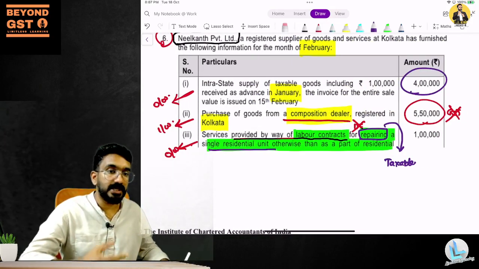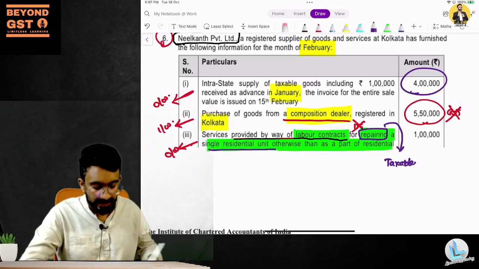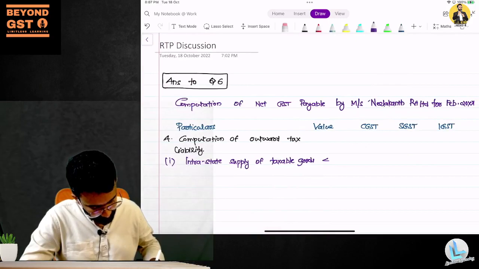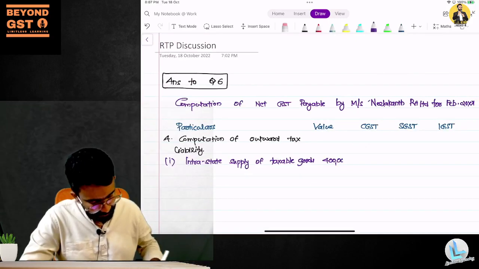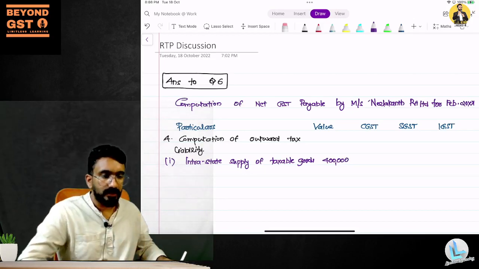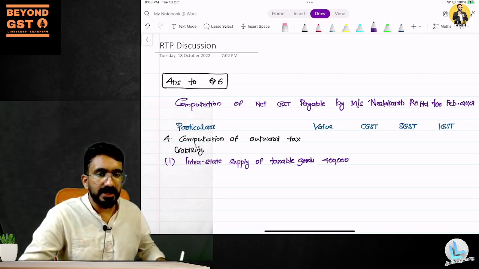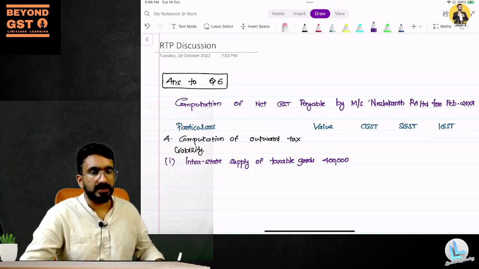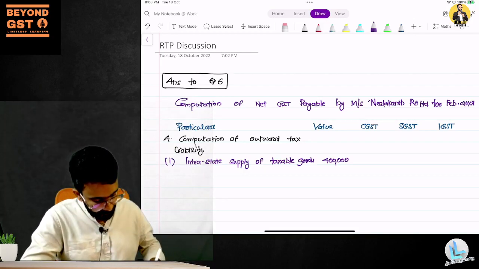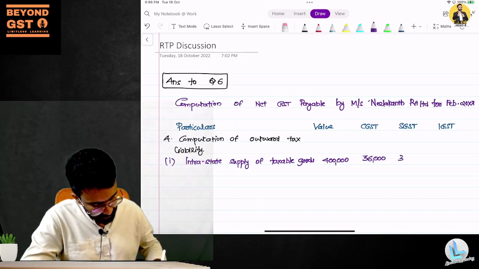Should we take the entire 4 lakh or only 3 lakh? Entire 4 lakh. An intrastate supply. So how much will be the taxes? What will be the outward tax liability? 9%, 9%. How much will that be? 36,000, 36,000.